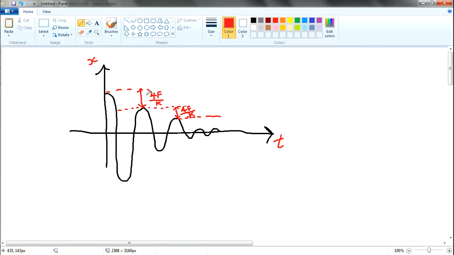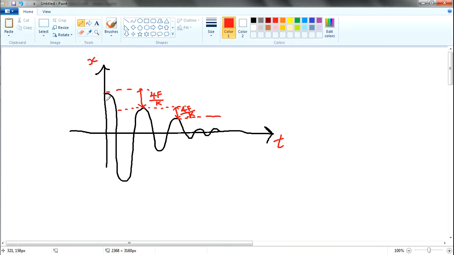a value that shows that for every cycle, from this point to this point, there is one cycle back here, one cycle back here. The difference of amplitude between two cycles is 4f over k.